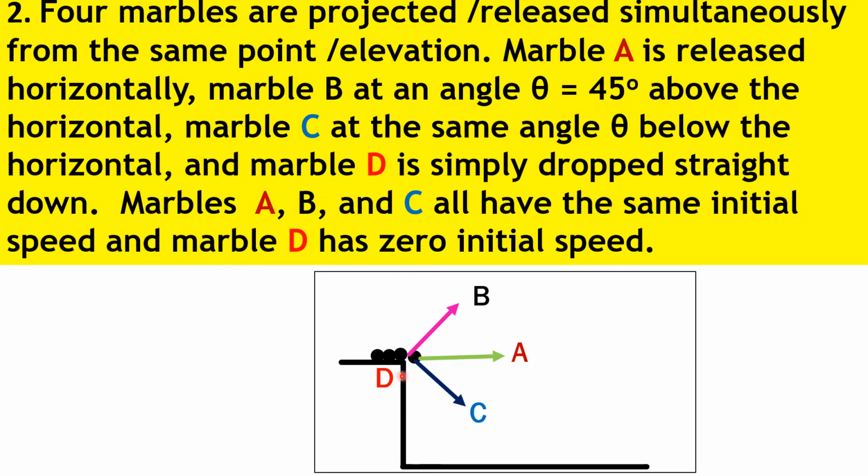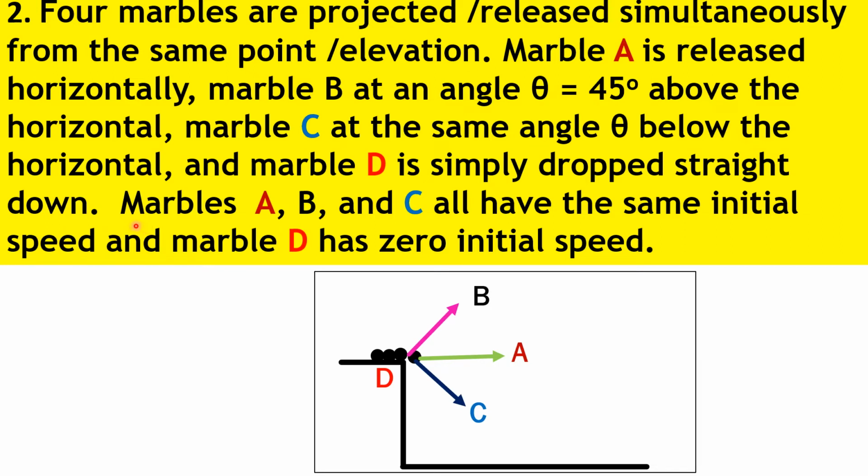So there's marble B. Marble C also released at the same angle theta but below the horizontal. So this is also 45 degrees. That's 45 degrees there. And marble D is simply dropped straight down.